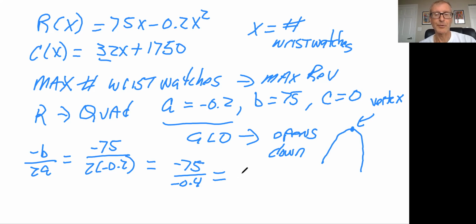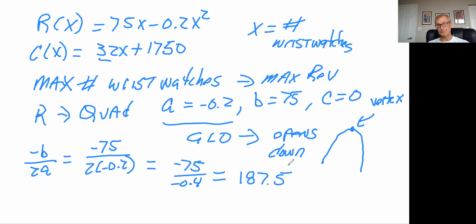And you end up with 187.5. And it is kind of a real world calculation because you can't have half a wristwatch, right? So 187 or 188 would be the logical right answer because you can't have half a wristwatch. But for the math reasons, we always will use the decimal aspect of it as well.